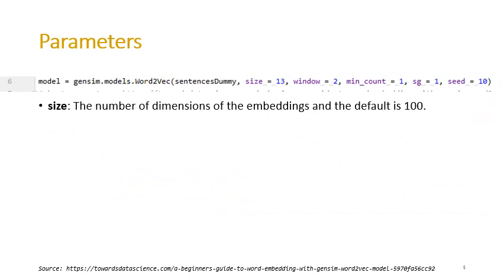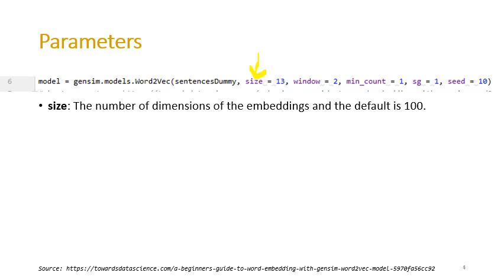Now let's take a look at each of the parameters one by one and see when you need to specify them. The first parameter is size. It determines how long your embedding vector is. Remember that word2vec embeds words into vectors, and here you specify how long you would like your vectors to be.